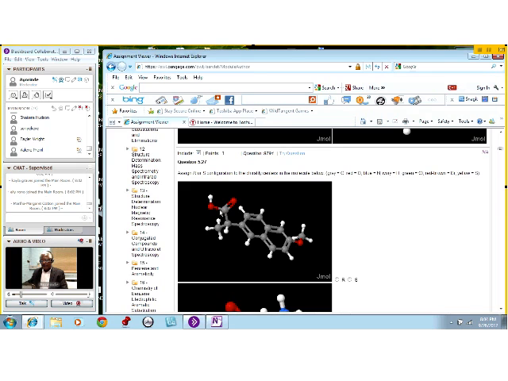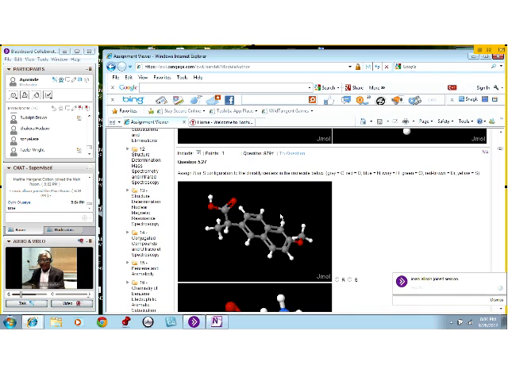So this here is a carboxyl group. Now, how many chirality centers do you have in this molecule? One. Excellent. Can you tell me where the chirality center is?